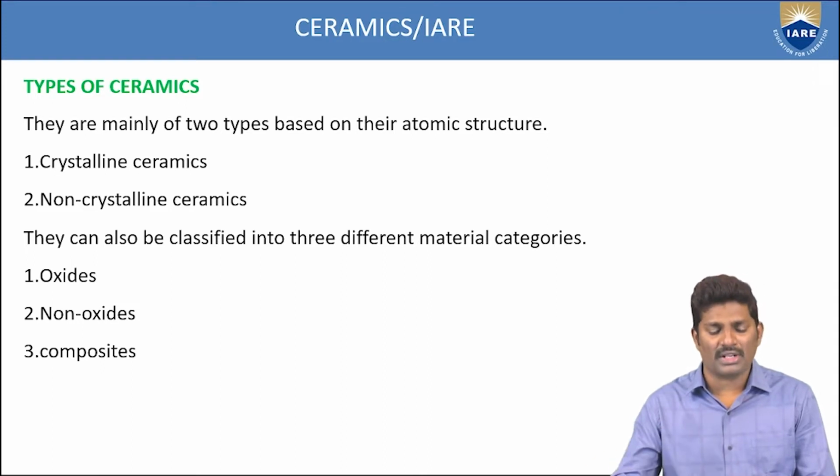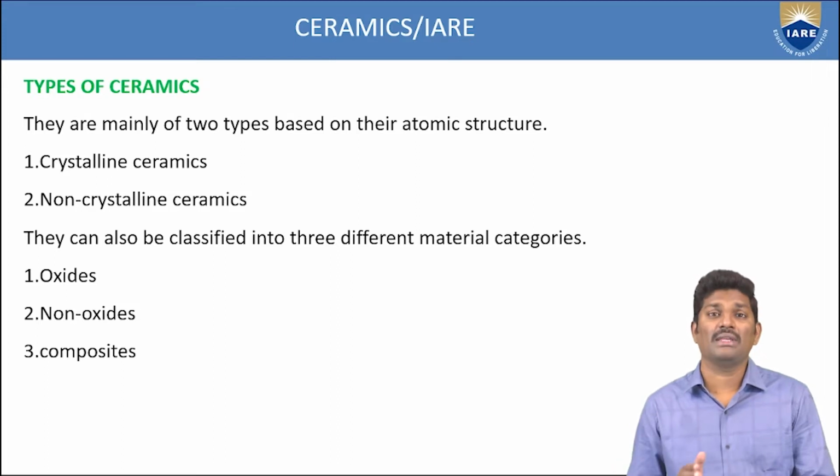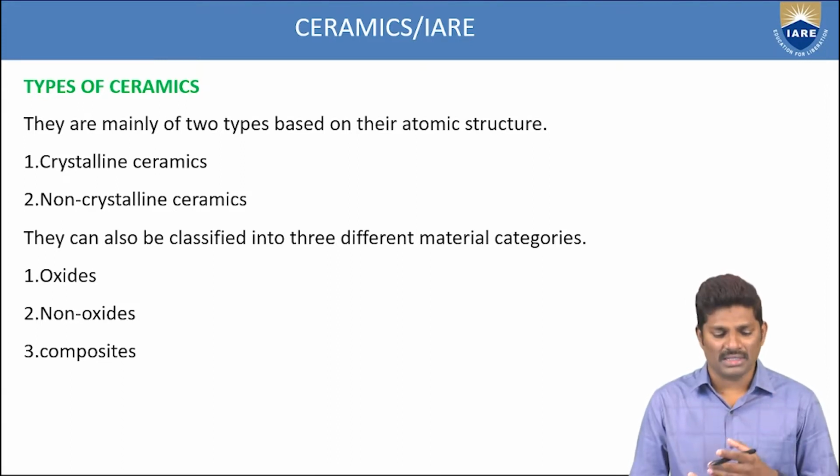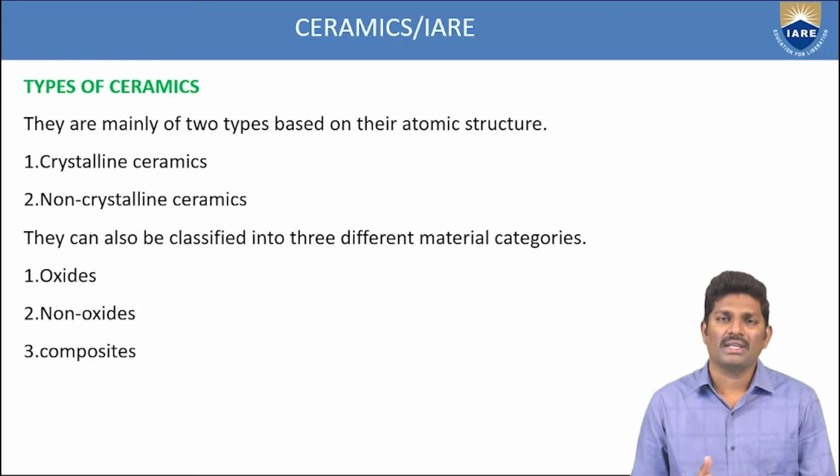And also this can be classified into three different categories based upon the materials. So the first one is based upon the atomic structure, where we classify into two, and based upon the material categories, it is divided into three categories, that is oxides, non-oxides and composites.